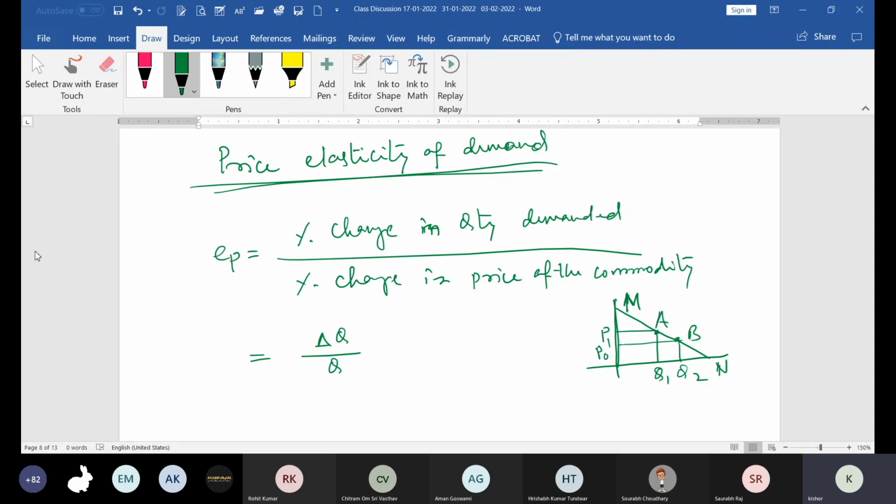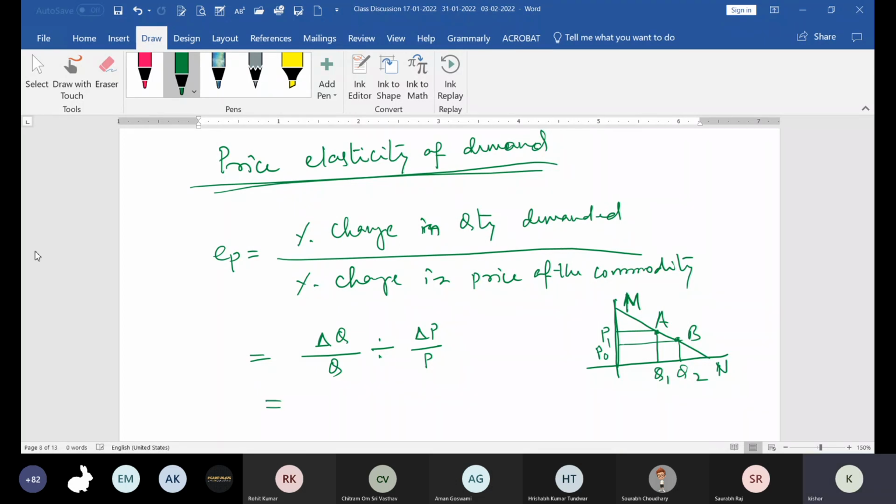So del Q by Q, percentage change or proportionate change, divided by del P by P. In this case, Q and P represent your original quantity and original price. If you are thinking about your movement from A to B, then your P will be P1 and Q will be Q1, because the original price is P1 and original quantity is Q1.